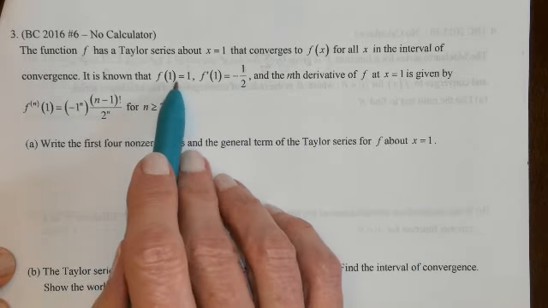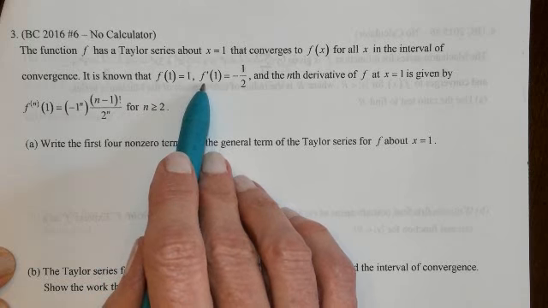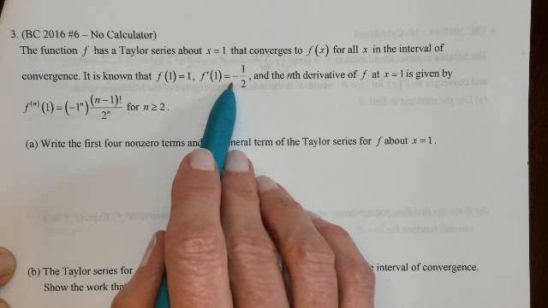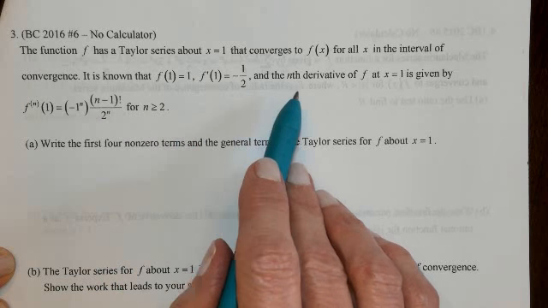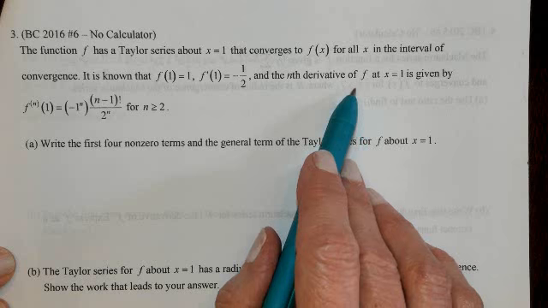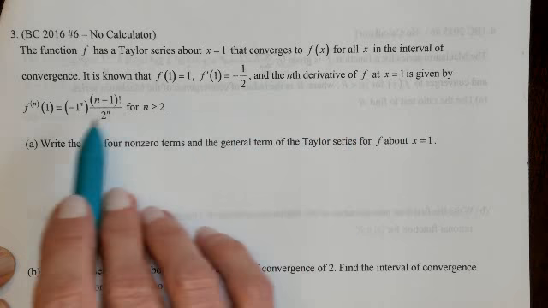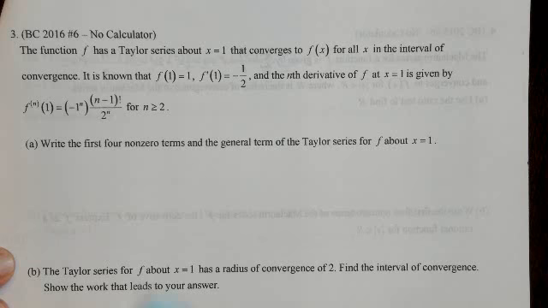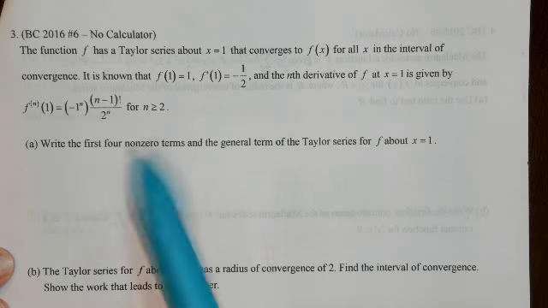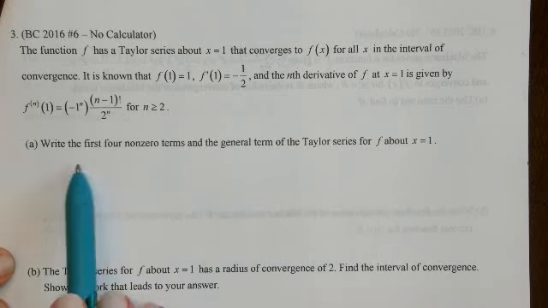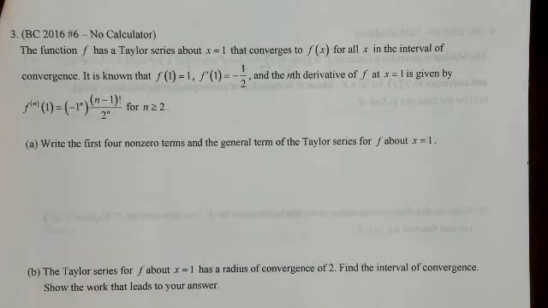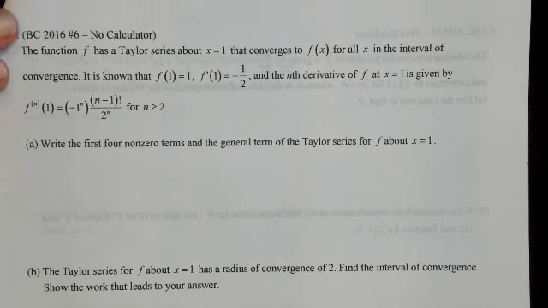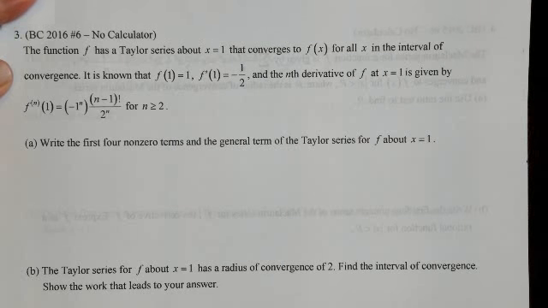It is known that f of 1 is 1, f prime of 1 is -1/2, and the nth derivative of f at x equals 1 is given by this formula. So we don't have a function for f of x, but we have all this information about it. Write the first 4 non-zero terms and the general term of the series for f about x equals 1.